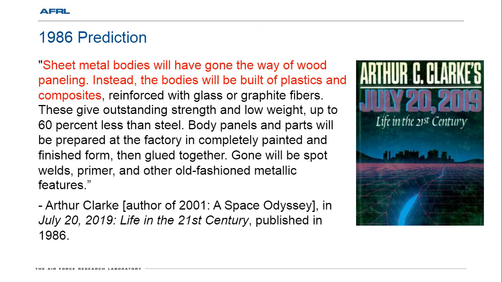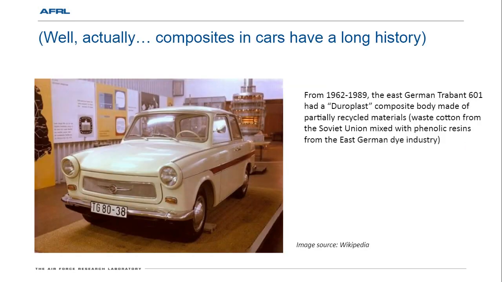So the well-known futurist Sir Arthur Clarke, the author of 2001: A Space Odyssey, predicted in 1986 that the automobile of the future would be made of composites. Some of you may point out that composites actually have a long history and were in use since the 1960s in the Trabi.